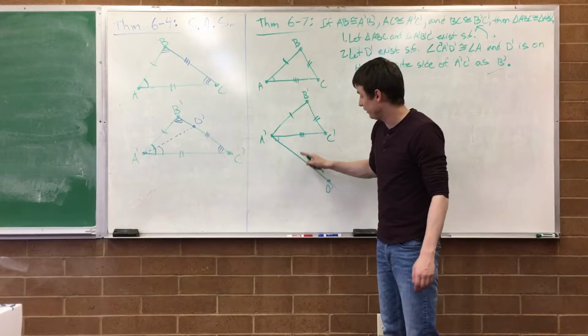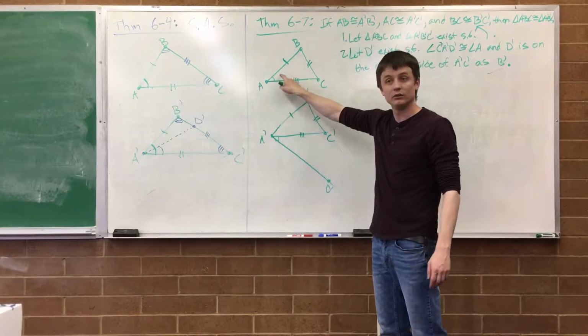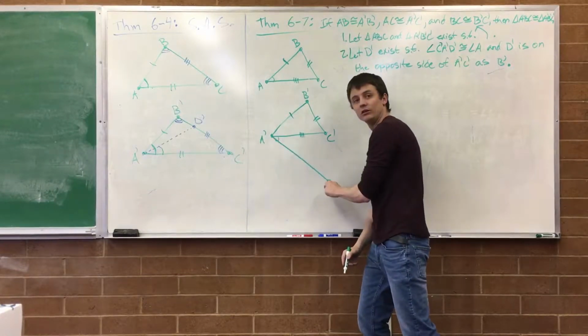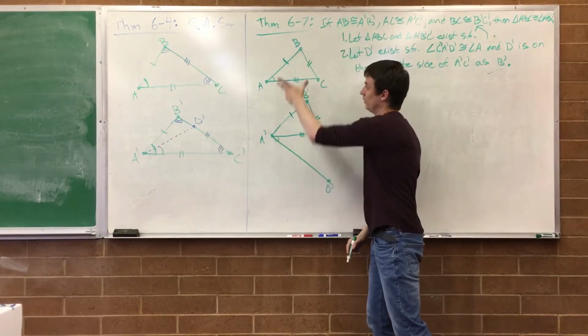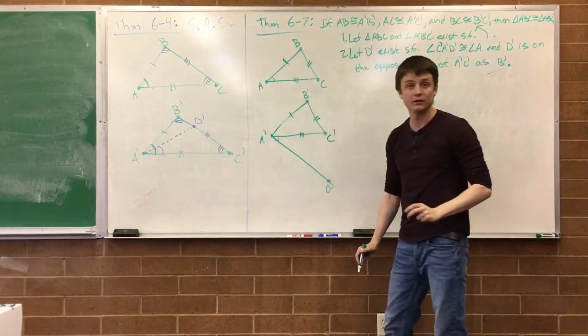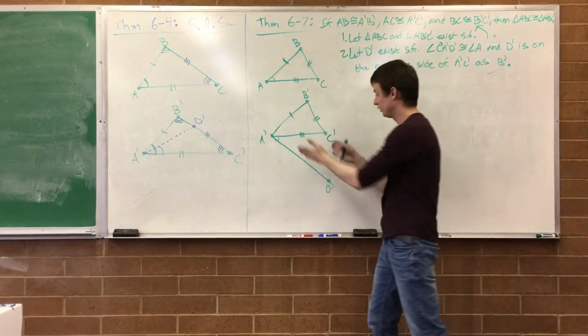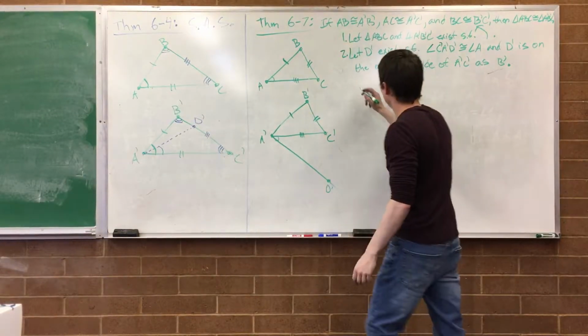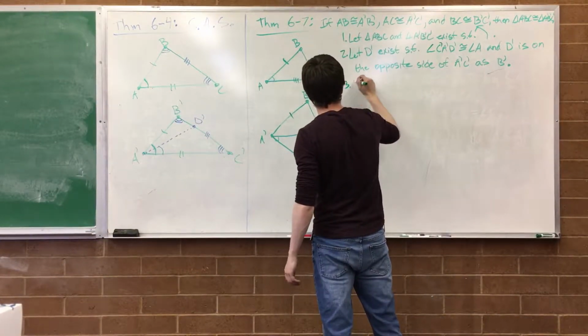So now we have this angle is congruent to that angle. Next, we need to find a point on this angle that makes this side congruent to that side, right? I'm trying to construct a triangle down here congruent to this triangle. That's what I'm doing. So, 3.